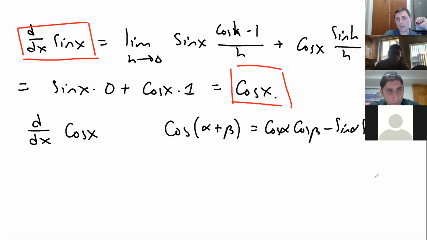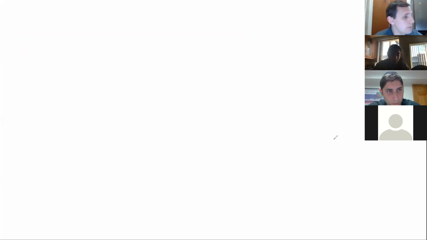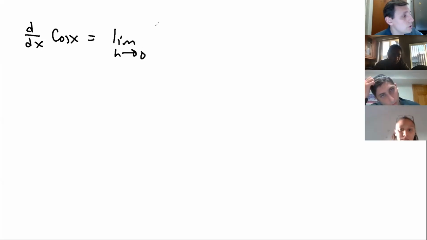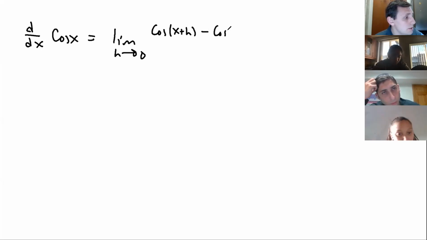Ready? So this is very simple, guys. Same idea. What's the derivative of cosine x? This is the limit as h goes to 0 of cosine of x plus h minus cosine x over h.